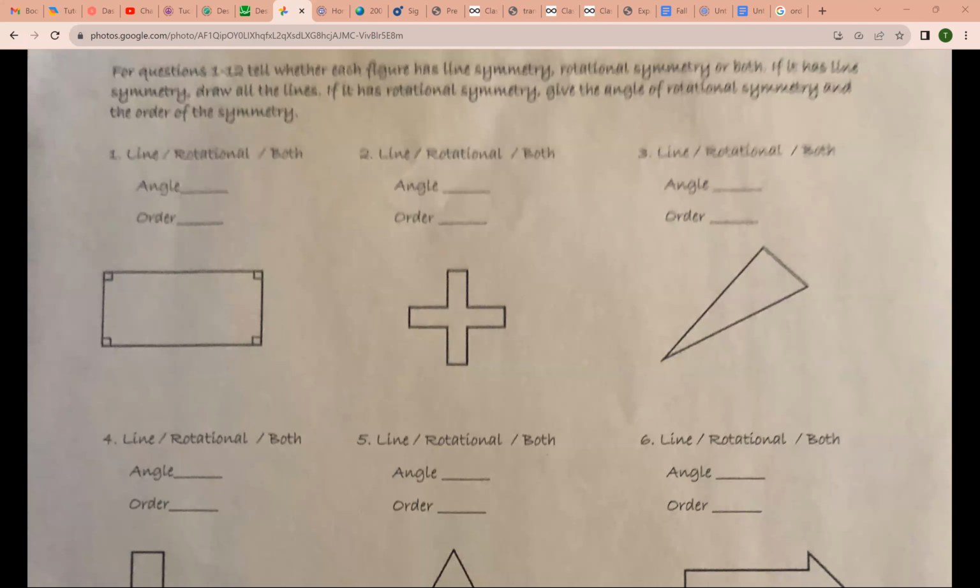So it'd be neither, or could it still be rotational? So there is a rotation. There's always 360. There actually is something called a centroid, which is hard to visualize.